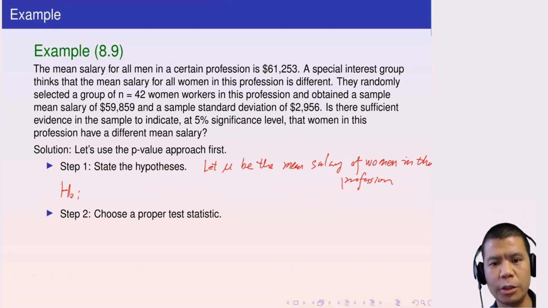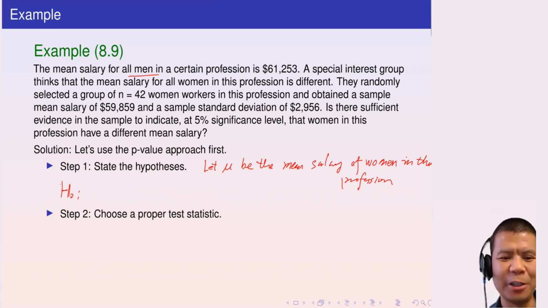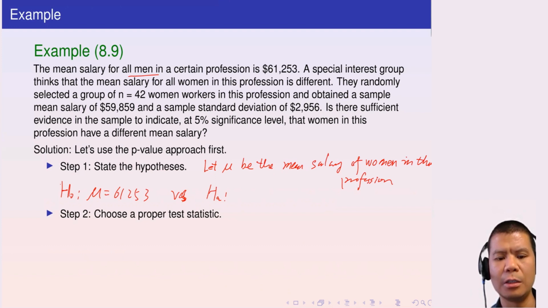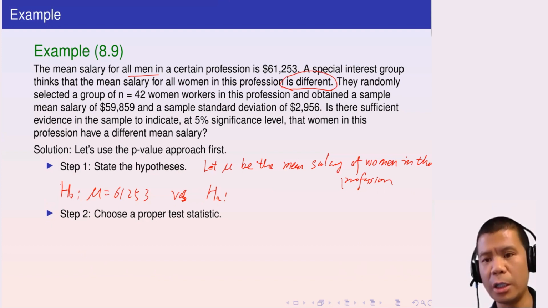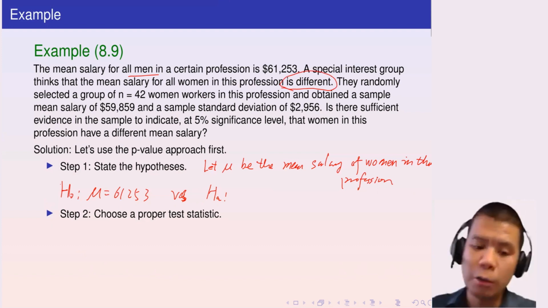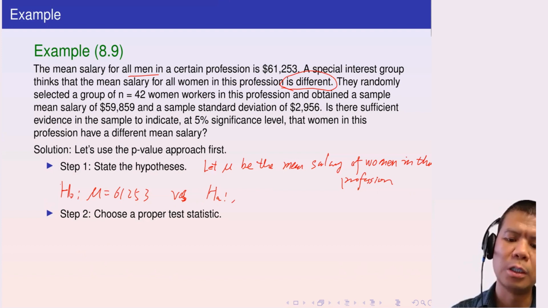There's no difference. No difference means no difference from men, right? So that's going to be mu equals 61,253, versus HA, that's what they believe. They think this is what is different. They're not saying it's greater or less. They just say different. So the alternative is mu not equal to 61,253.